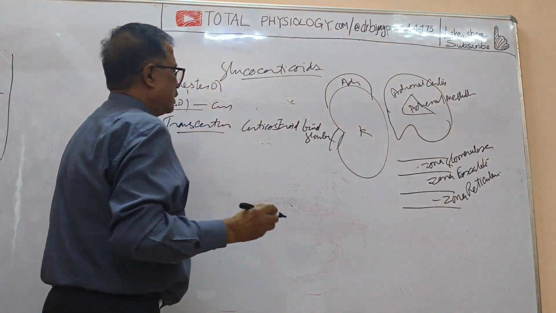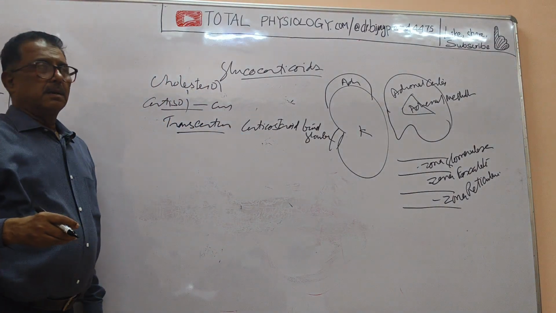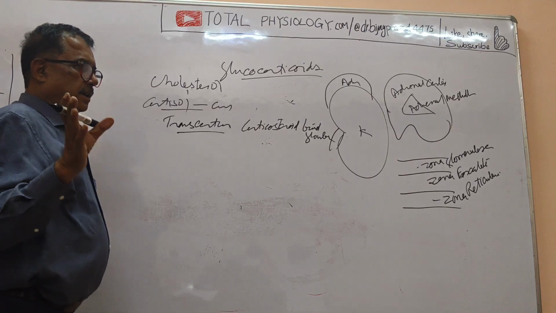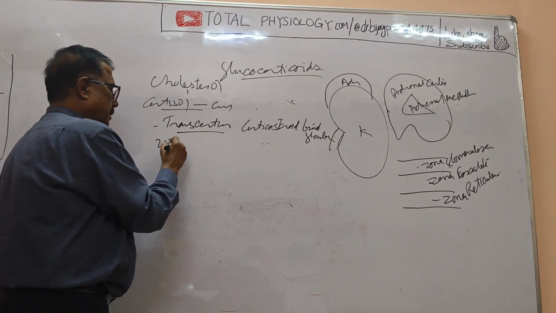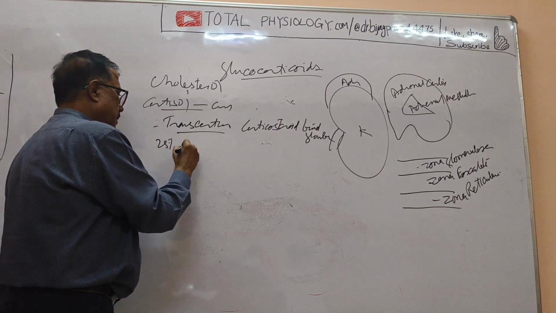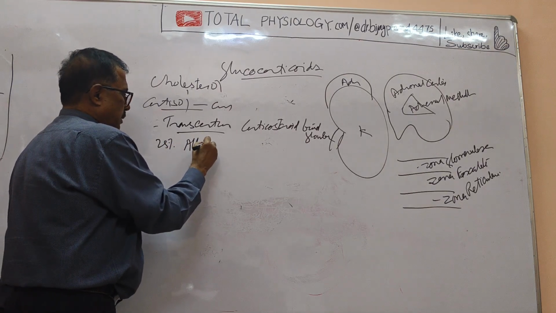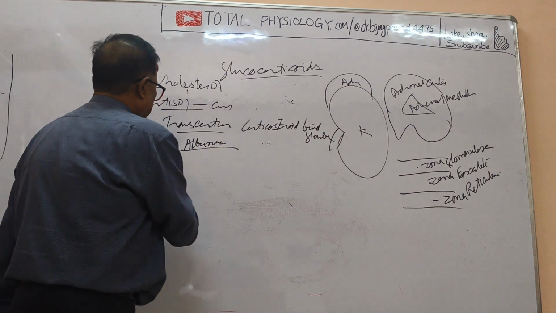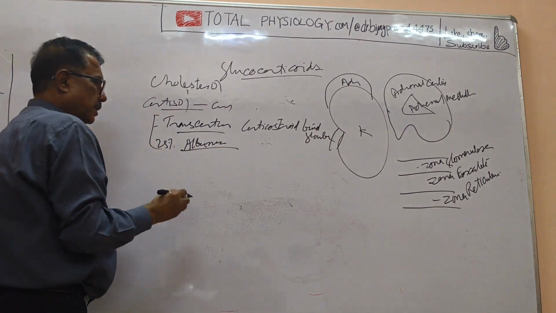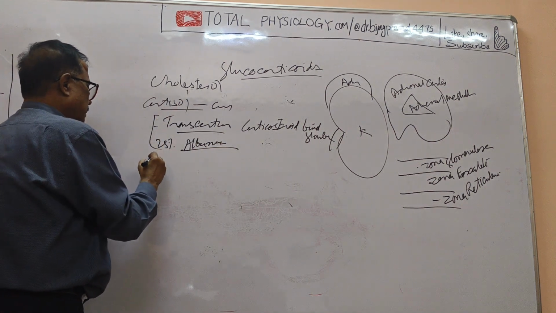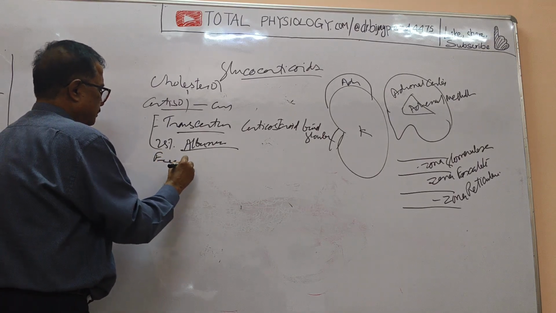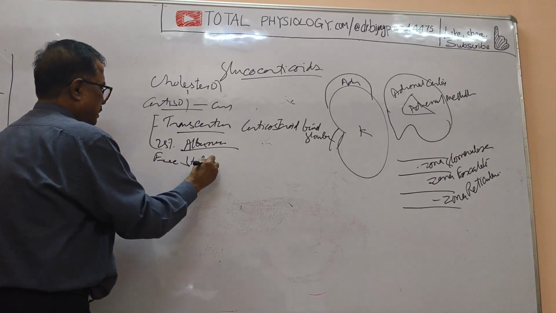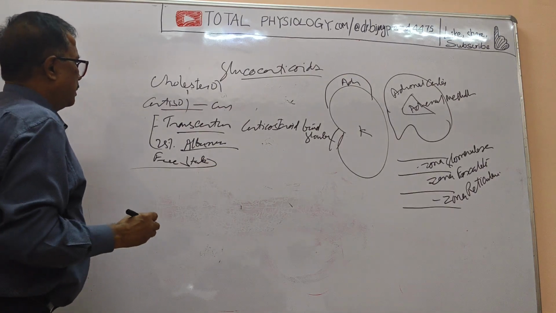Transcortin or corticosteroid binding globulin, and second, 25% is combined with albumin. This forms a reservoir. Only a little amount is present in the free state.